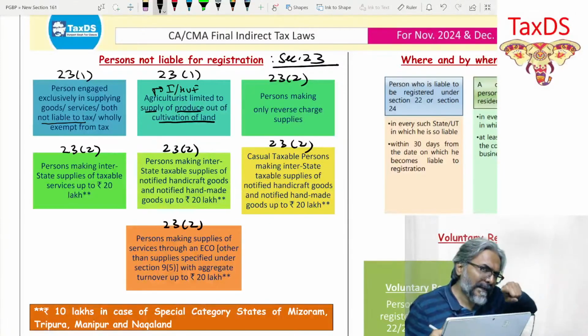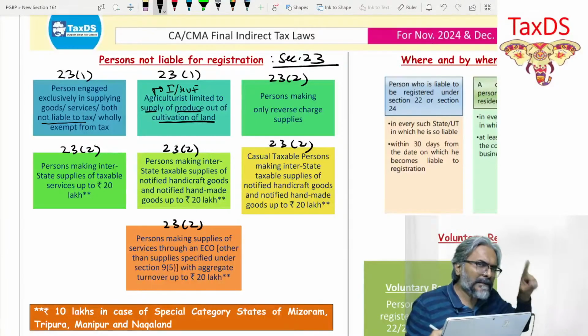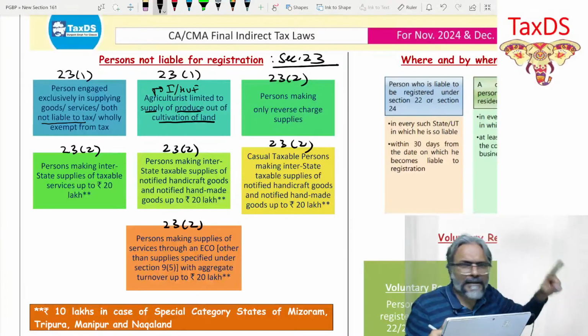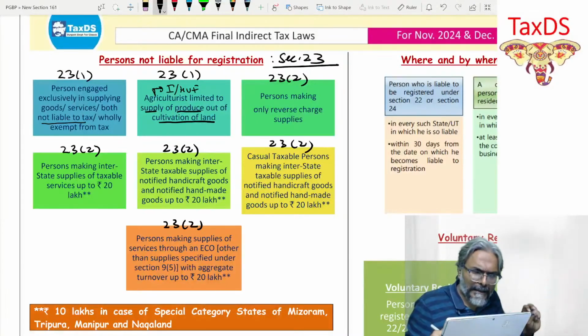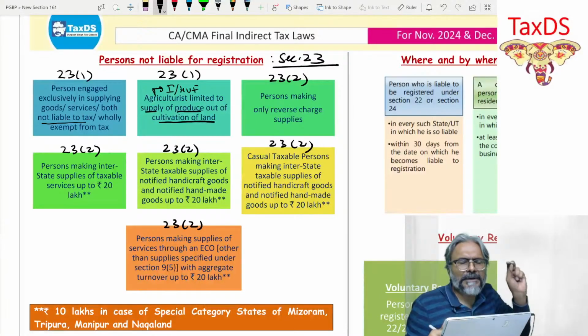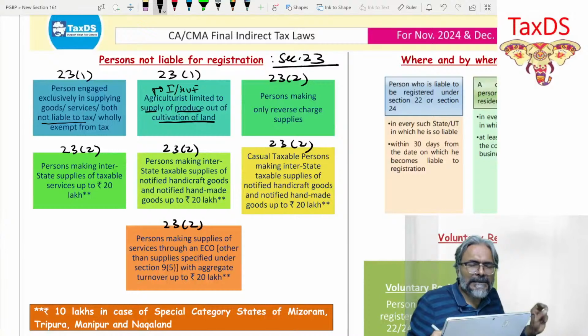If this is all this individual or HUF agriculturalist is doing, nothing more, will the exemption under section 23(1) be applicable to such an agriculturalist? The answer is yes. Meaning thereby, no registration whatsoever for this particular agriculturalist.